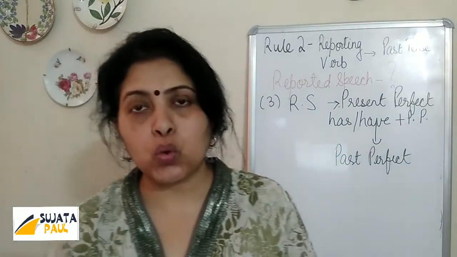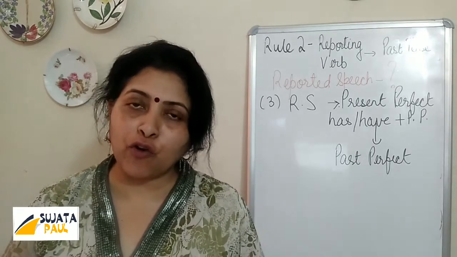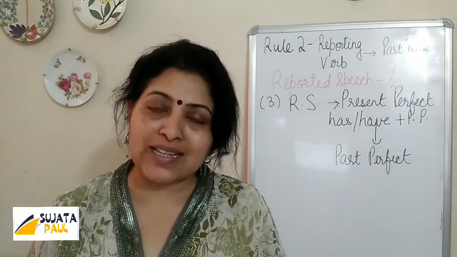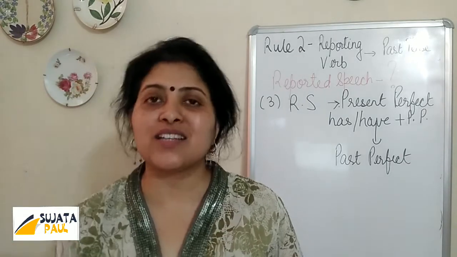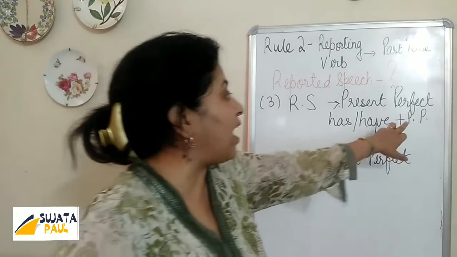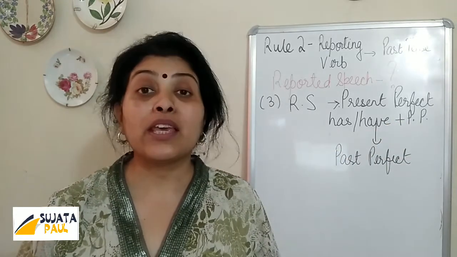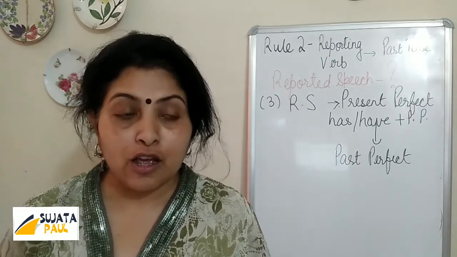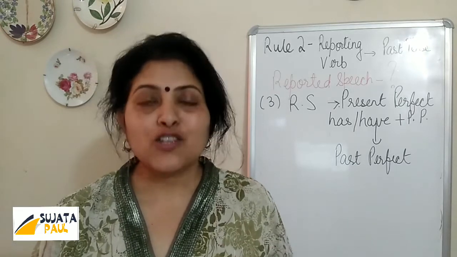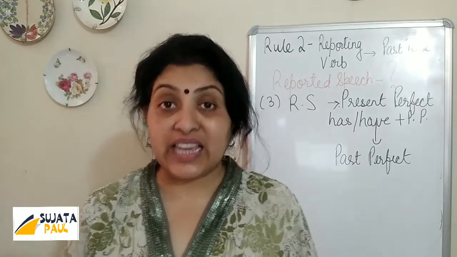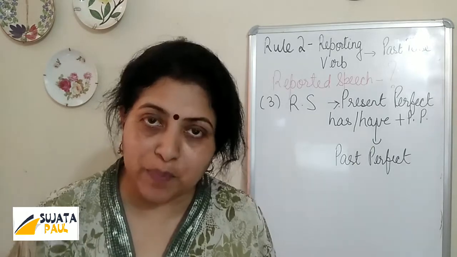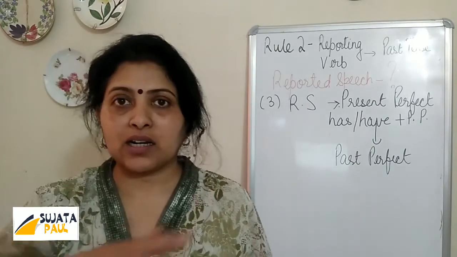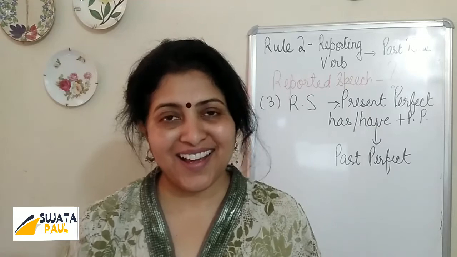For example, do. What are the different forms of do, different tenses? Do, did, done. Do is the present tense, did is the past tense, and done is the past participle. Give, gave, given. Forgive, forgave, forgiven. So give will be present tense, gave will be past tense, and given will be past participle. Cut, cut, cut. All three are cut.